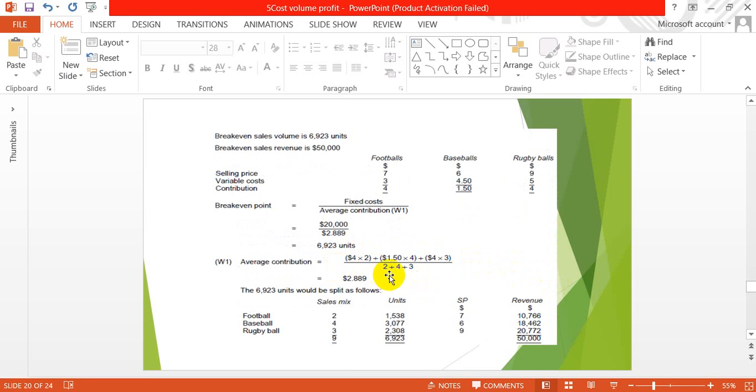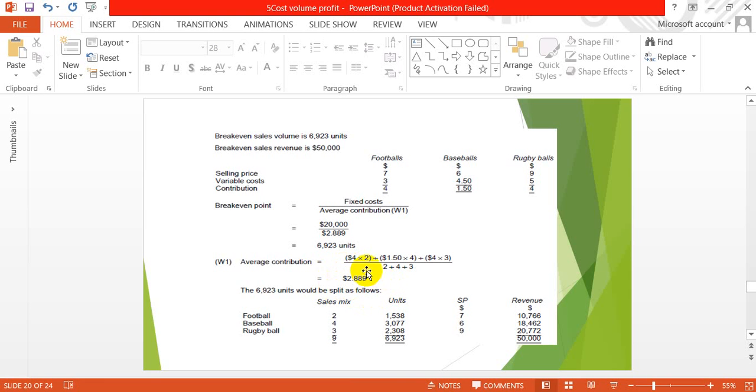Once we multiply them by the units, then we divide by the total units to give us the average contribution of $2.889.